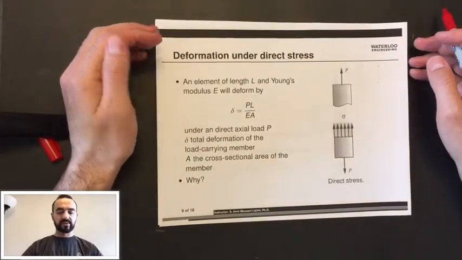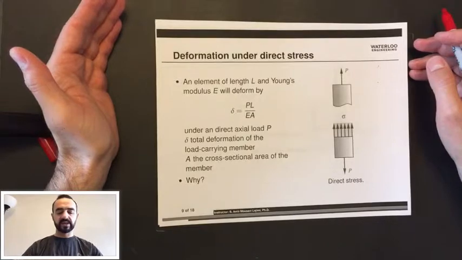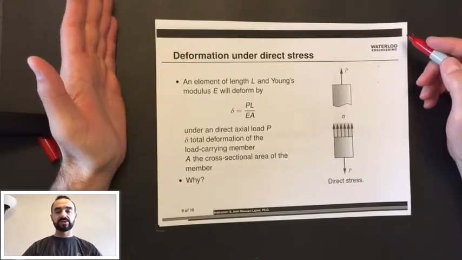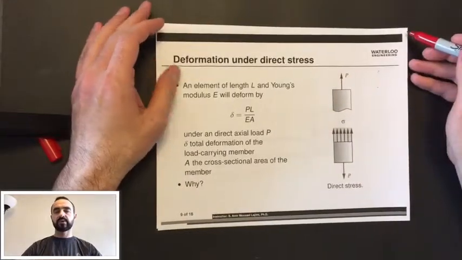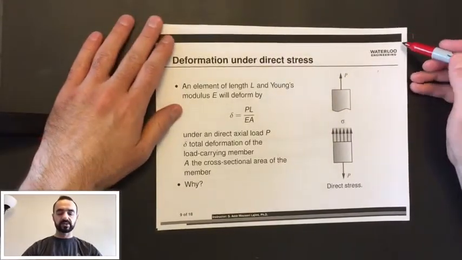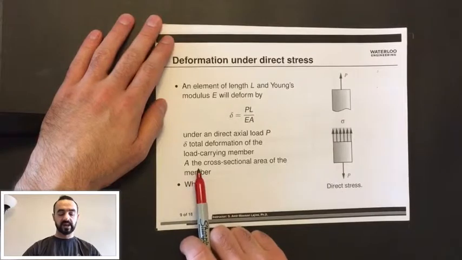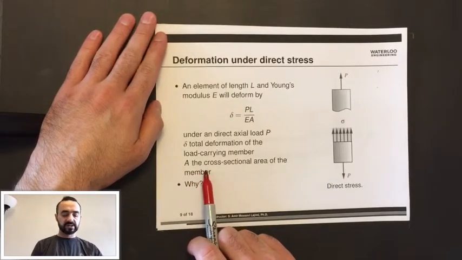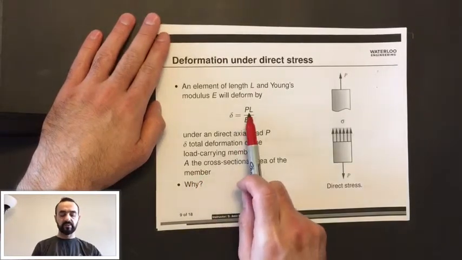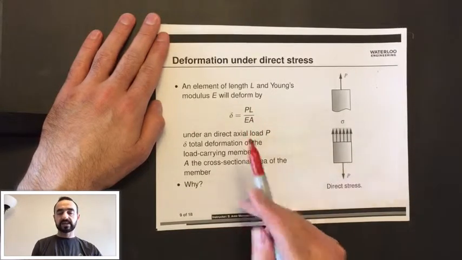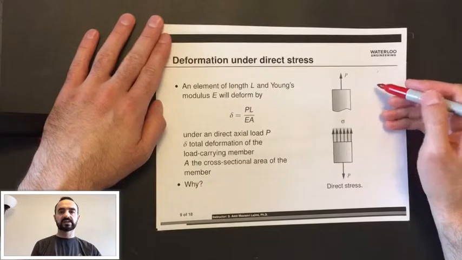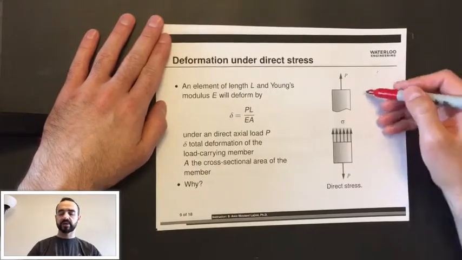And the last thing is, for that simple case, we can deduce that the elongation is going to follow this equation. Elongation is going to be PL over EA. A is the cross-section area of the member, P is the force, L is the length, and E is the elastic modulus. How do we find this equation?